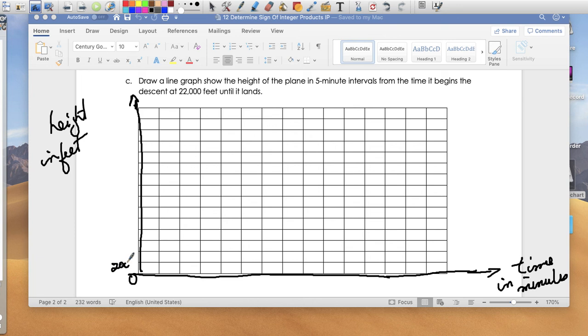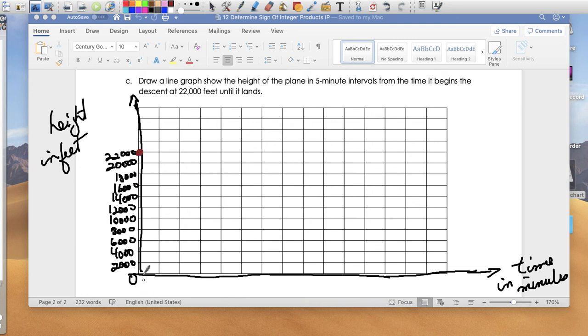So every square I'm going to make 2,000, 4,000, 6,000, 8,000, 10,000, 12,000, 14,000, 16,000, 18,000, 20,000, and then 22,000.